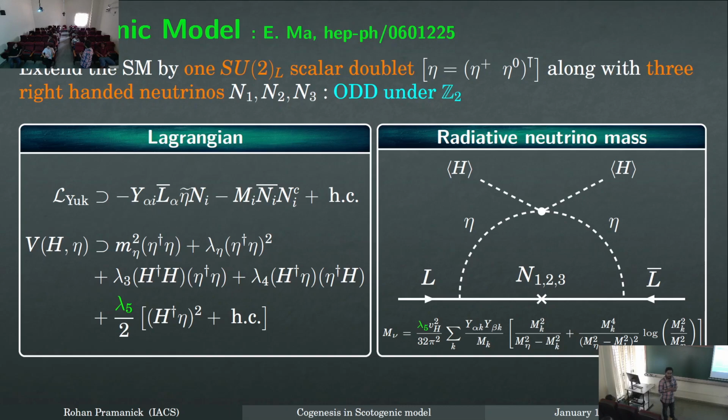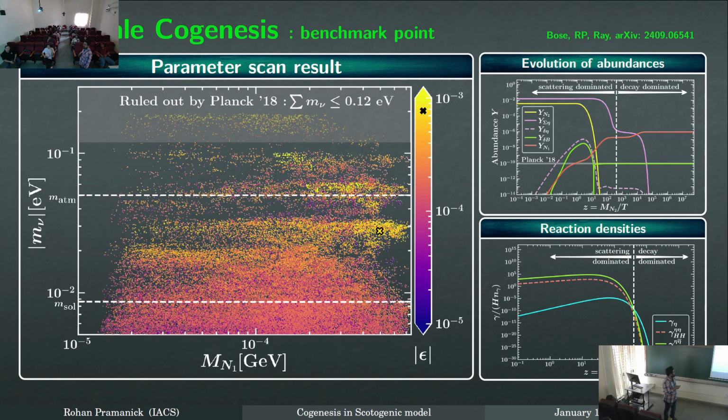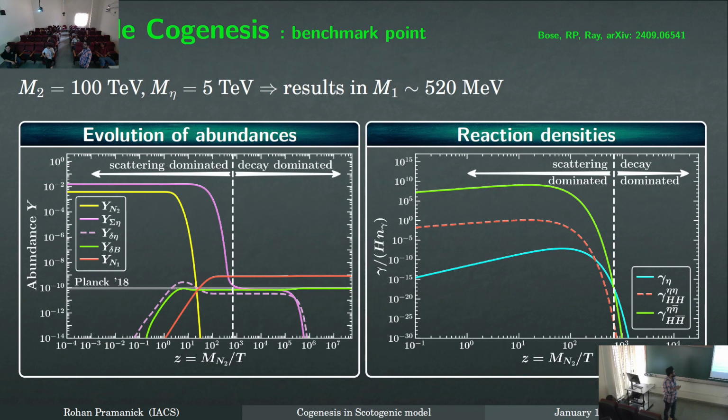So how do you actually detect this? This is kind of hard. These numbers are pretty large. This can be detectable at colliders. At least, if you tweak these masses to be at the GeV scale, you can have a GeV scale eta, which you can detect in the colliders from the late time decay that you mentioned.